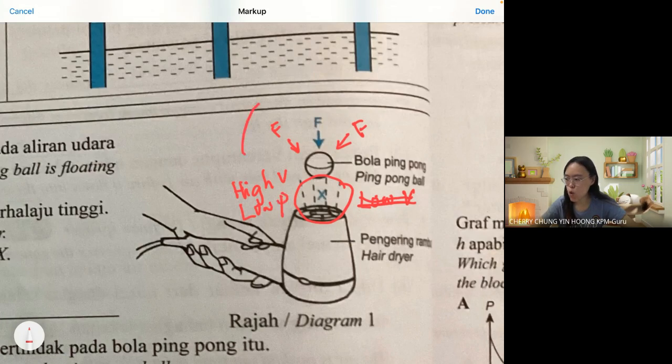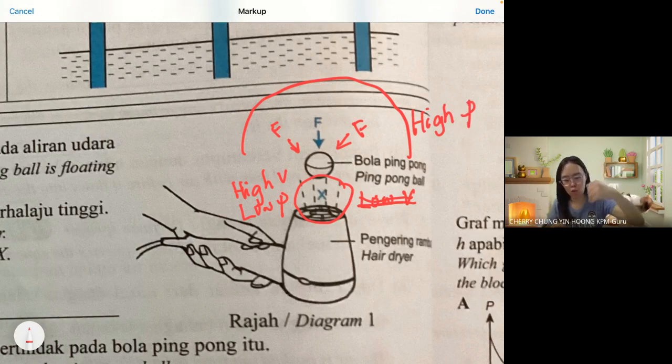So 你这个周围这边就是 high pressure. Okay, so a difference in the pressure, the force will be produced from a higher region of pressure to a lower region of pressure. Okay.